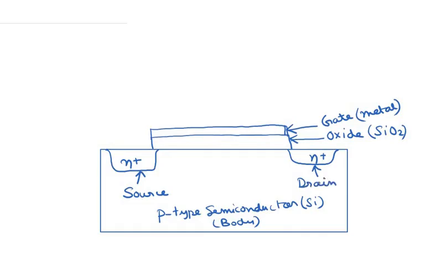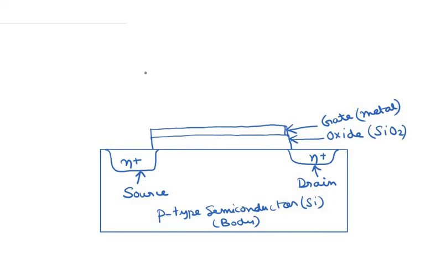The source and the drain are on equal footing as far as the device structure is concerned, but which is source and which is drain depends on the biasing polarity of the transistor. So source is the N plus region which is connected to the negative pole of the battery, and drain is the N plus region which is connected to the positive polarity of this battery VDS.